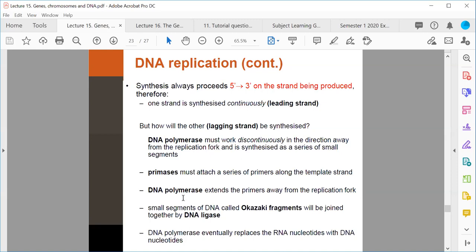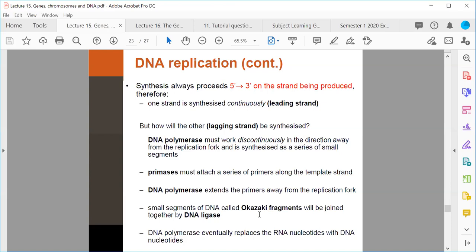The DNA polymerase then comes in and starts replicating the DNA, but it's replicating away from the replication fork. Those small segments of DNA being synthesized are called Okazaki fragments, after the Japanese scientist who first discovered this process. And those Okazaki fragments have to be joined up eventually.